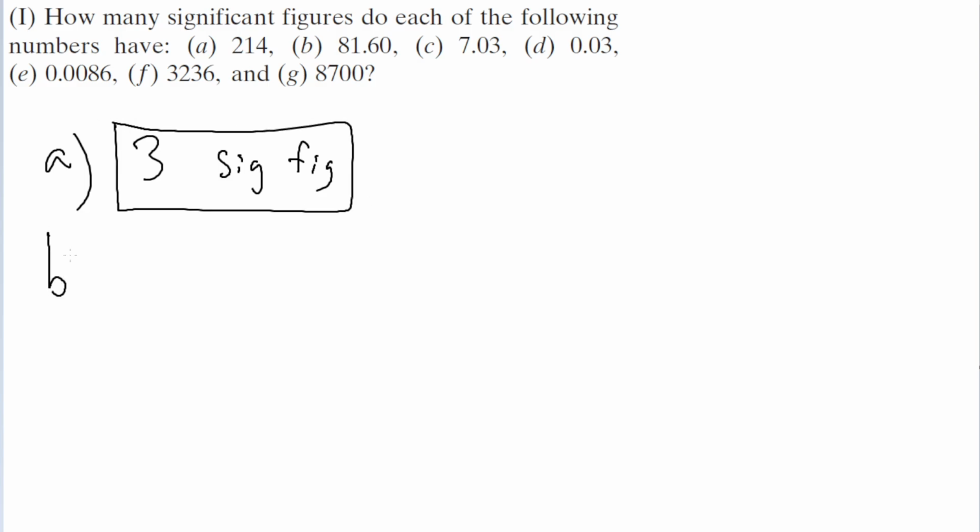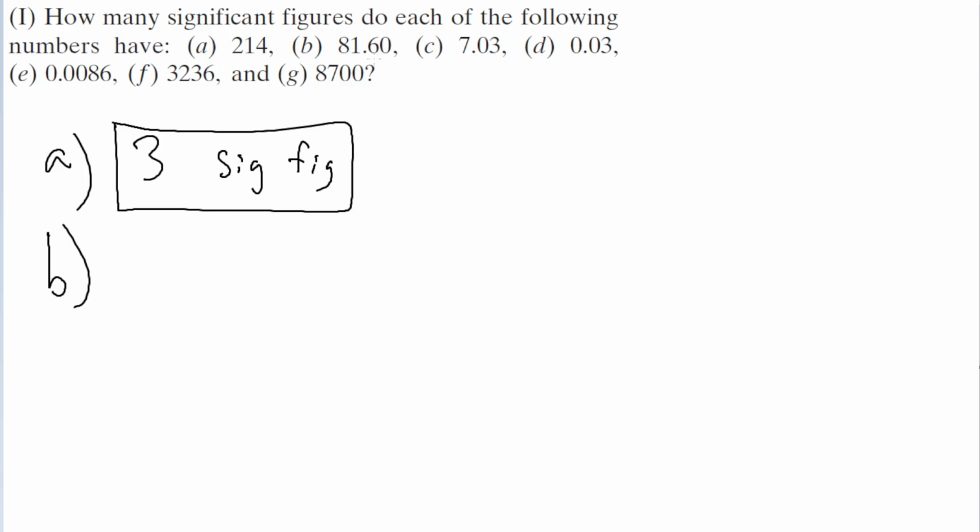In part B, the number is 81.60. Okay, so this time we do have a zero. Is it significant? Well, because the number has a decimal point, we do have a special rule for figuring this out.